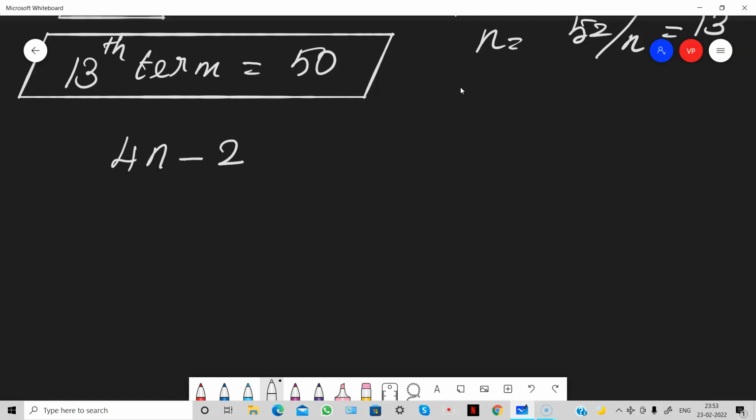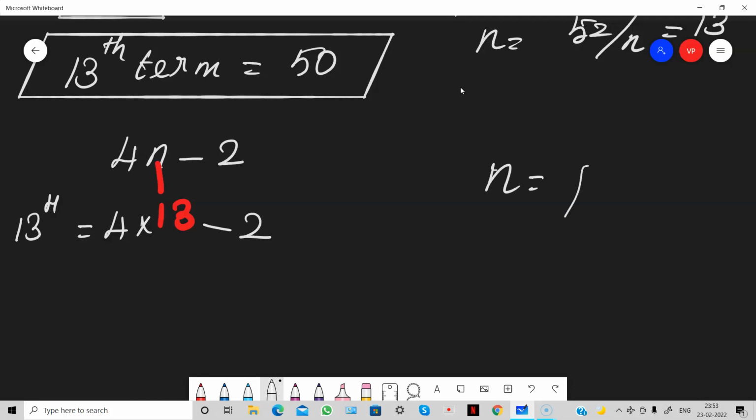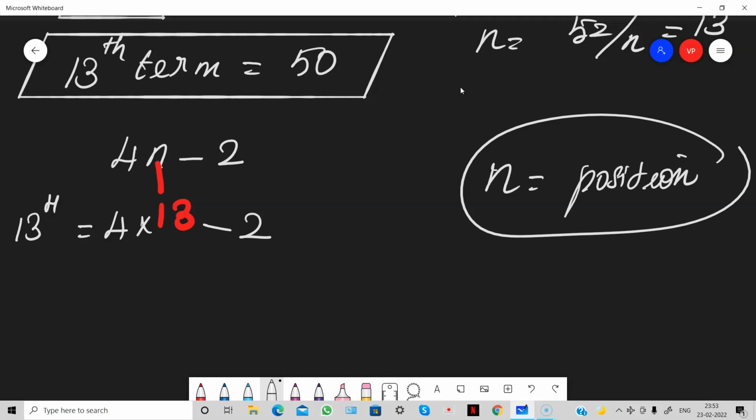I want to find the 13th term, so I just substitute for n. I am just writing 13, minus 2. Whenever you substitute for n, you write the position only. Don't write everything, okay, students?